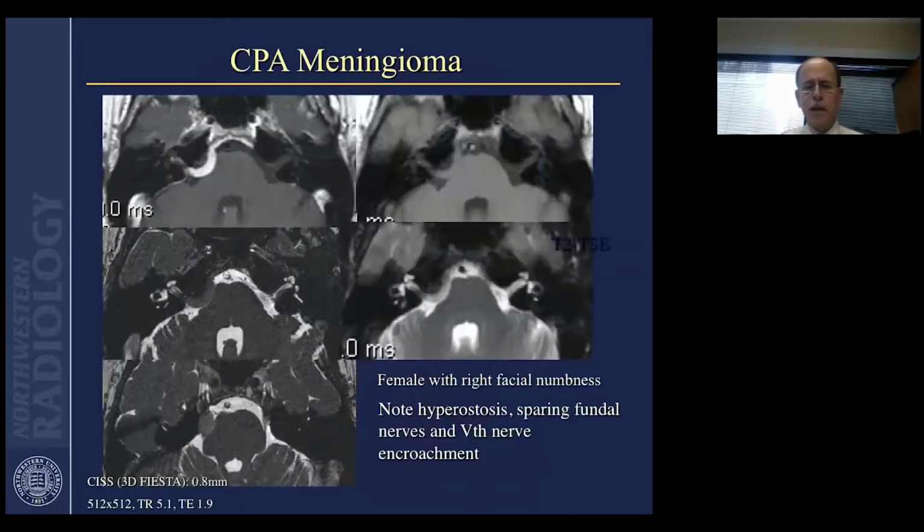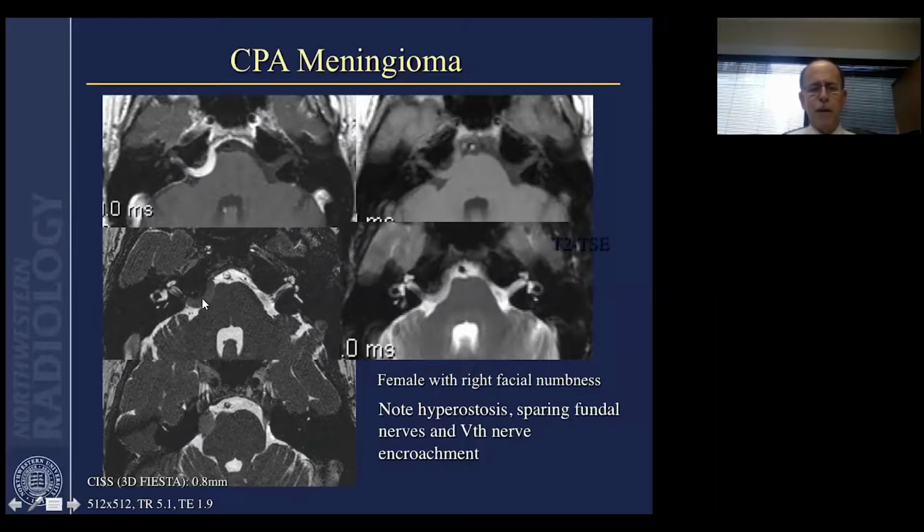This is a case of a patient who presented with right facial numbness. Notice, even though this tumor is in the cerebellopontine angle and it does approach the fundus of the internal canal, the tumor is not centered at the internal auditory canal. It's centered more anteriorly along the posterior slope of the petrous bone, and there's a thickening of the petrous apex underneath the tumor.